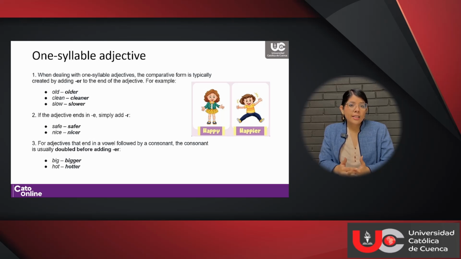However, if the adjective ends in e, you only need to add the r, such as safe, safer, and nice, nicer. And then for adjectives that end in a vowel followed by a consonant, the consonant is usually doubled before adding er. You can see here big becomes bigger, and in bigger we have the letter G twice. Same with hot, that becomes hotter, and we double the letter T in the middle.